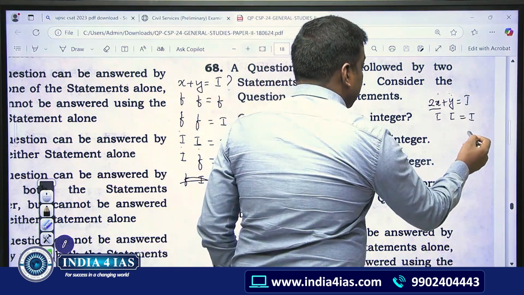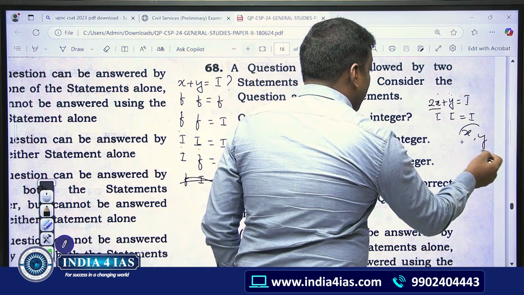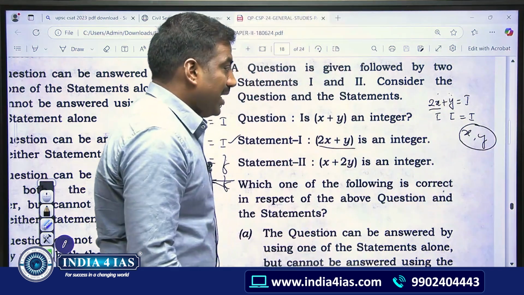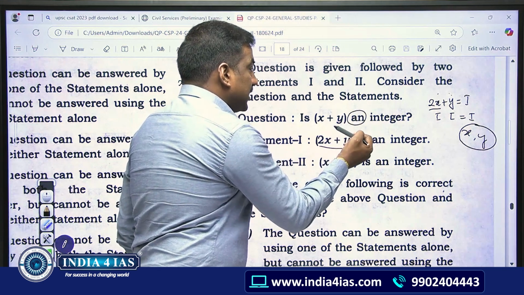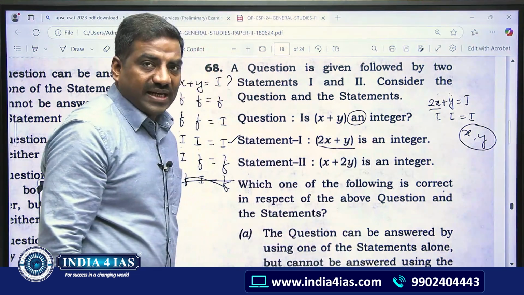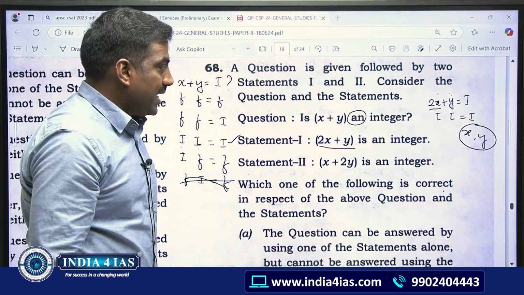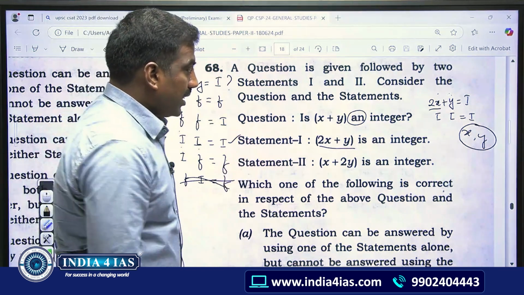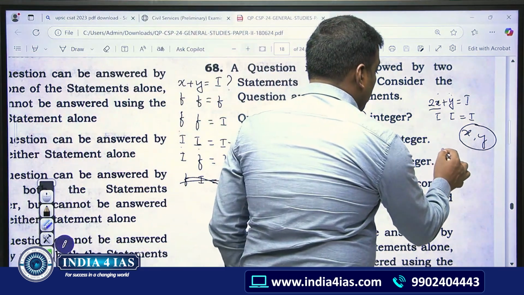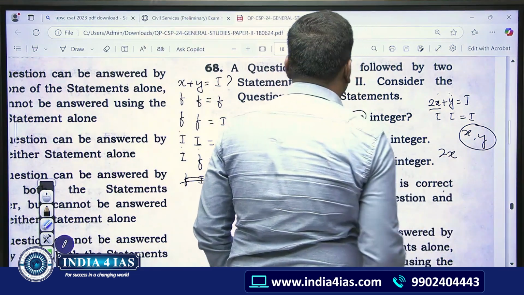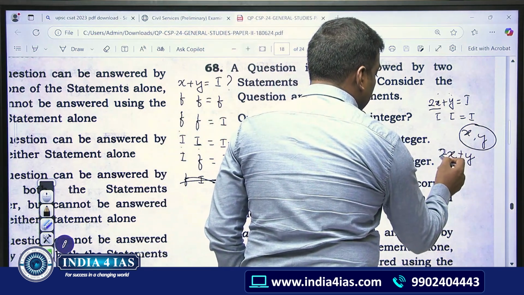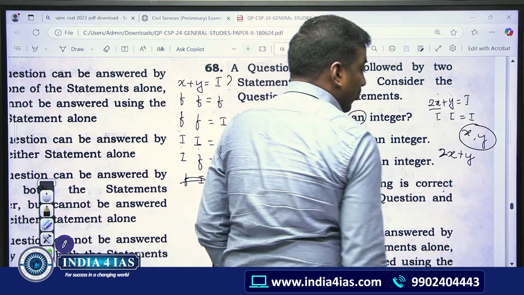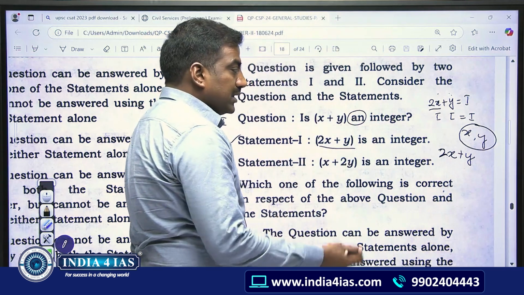In this case, x and y can be integers. If they are asking whether x plus y is an integer, yes, it is an integer in this case. But what if 2x is a fraction and y is also a fraction? I'll give a simple example.